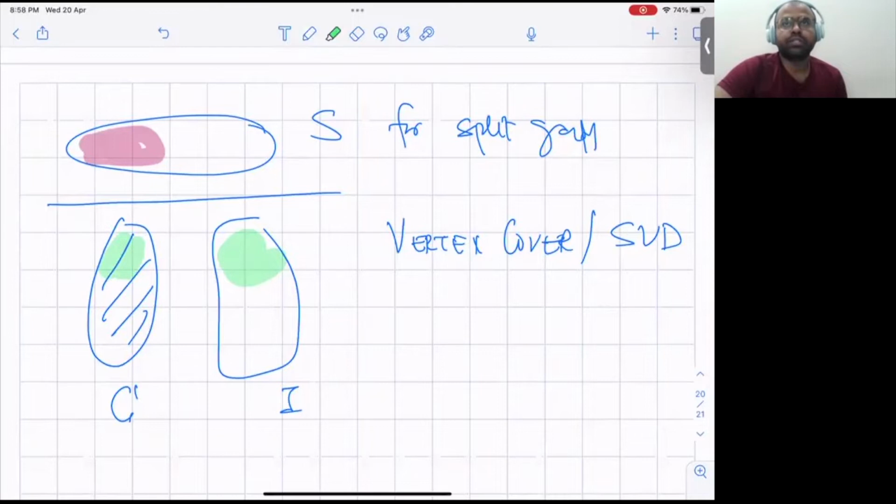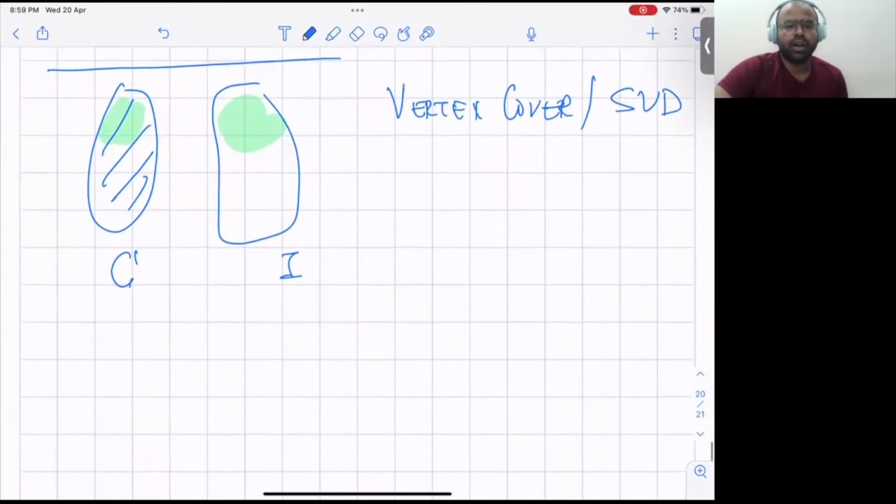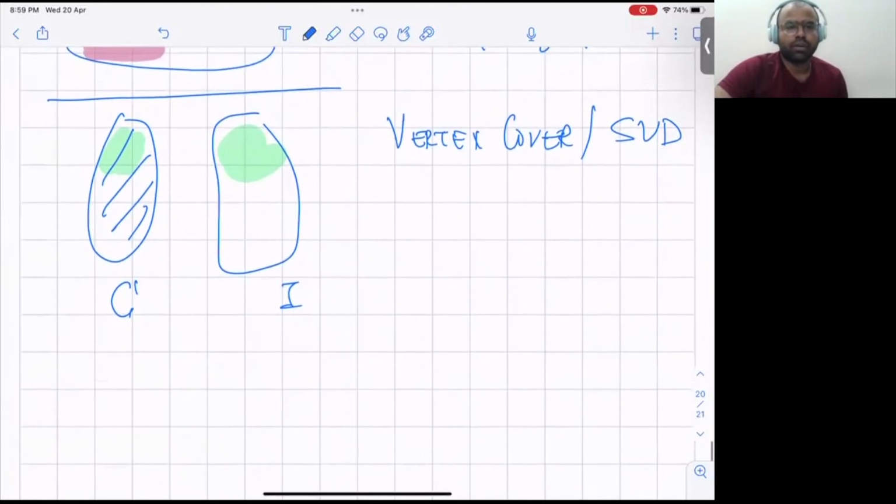So you just check if there exists a vertex in C prime which is not adjacent to any vertex in I. In that case, all of your C prime goes to the solution. Else, everything except one vertex goes into the solution.